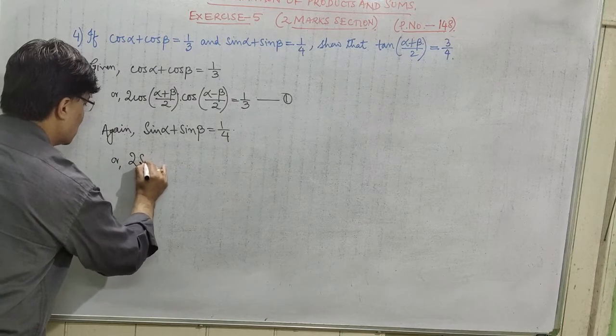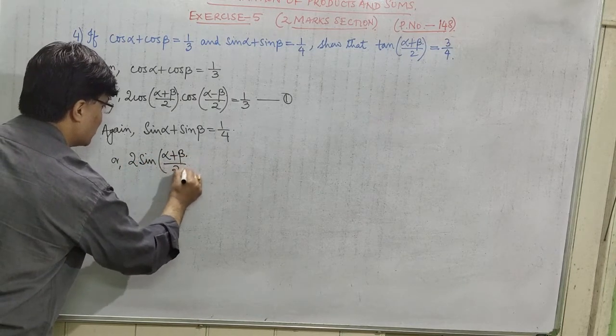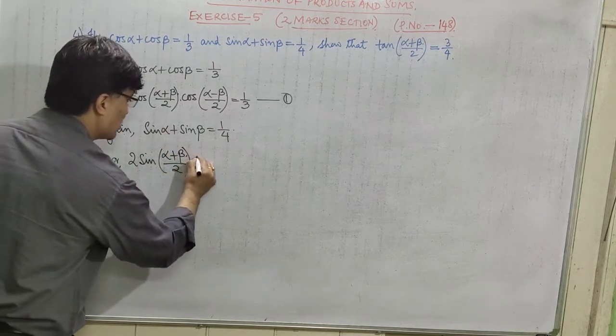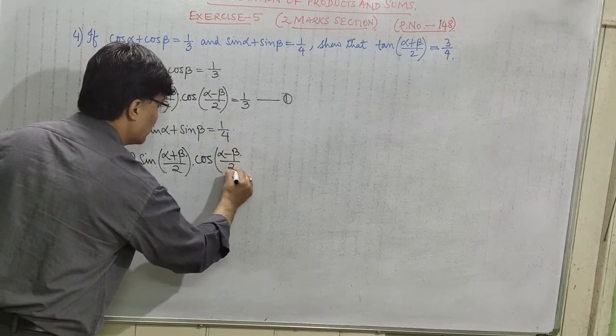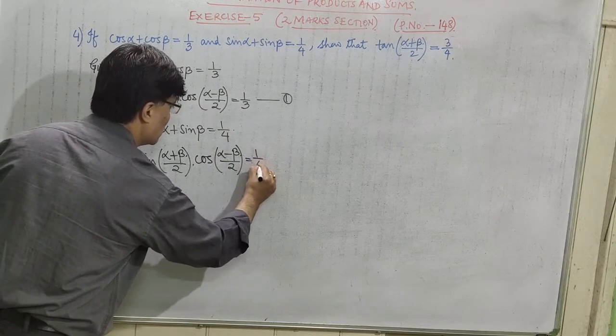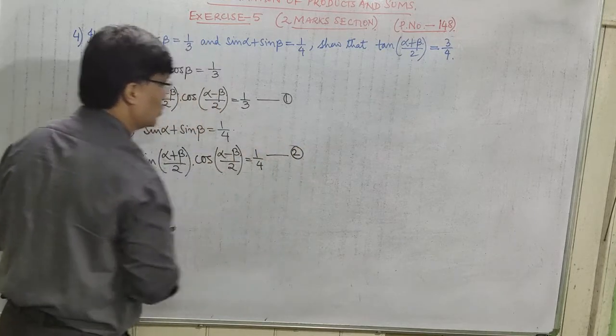This is 2 sin of (C plus D) by 2, that is (alpha plus beta) by 2 into cos of (C minus D) by 2, cos of (alpha minus beta) by 2 is equal to 1/4. So let us mark it as number 2.